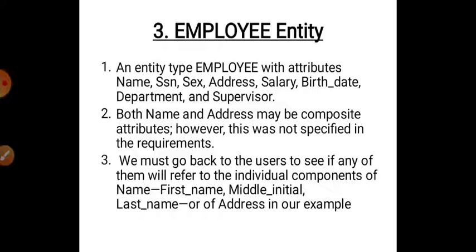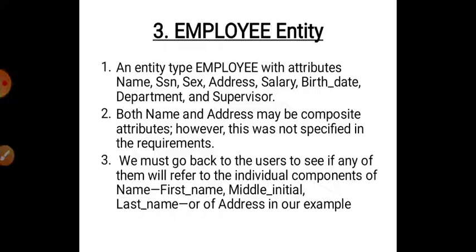Point number 2. Both name and address may be composite attributes. However, this was not specified in the requirements, because as we are going to develop, we are going to refine the design of the database. That is why we consider name and address as composite attributes. Point number 3. We must go back to the users to see if any of them will refer to the individual components of the name, that is first name, middle initial, last name, or of the address.